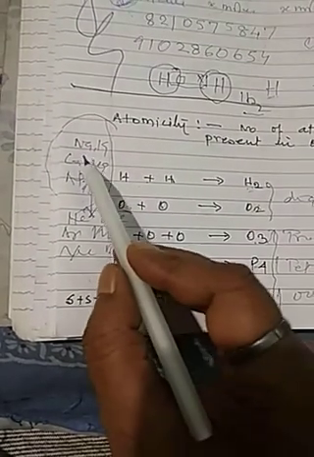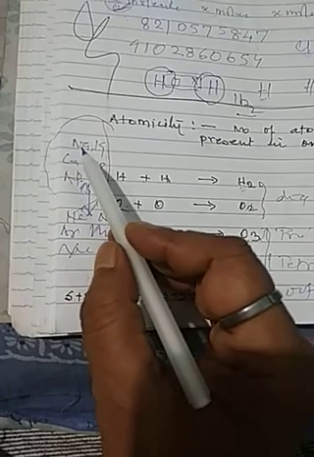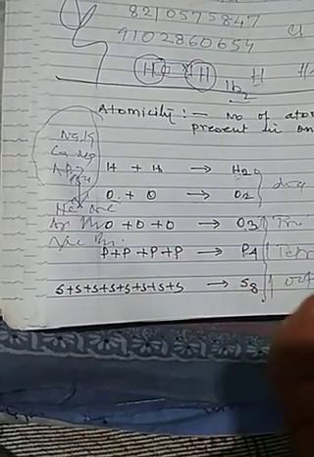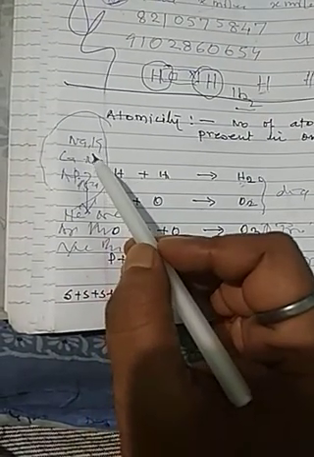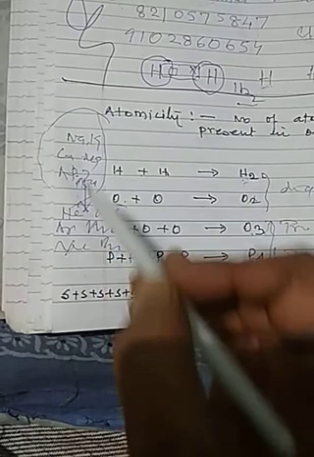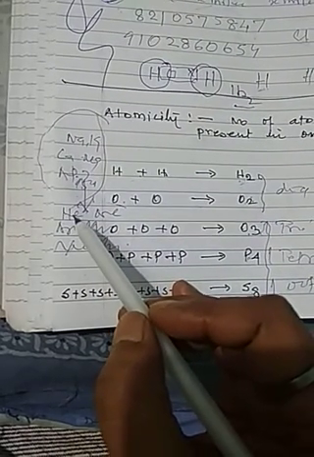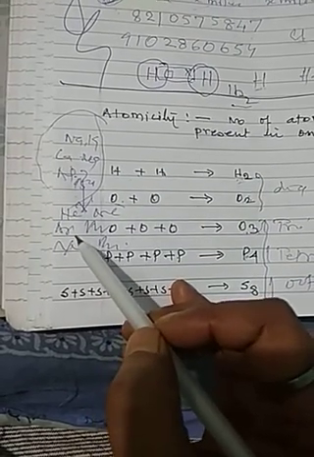Now, all the metals, like sodium, potassium, calcium, magnesium, aluminium, iron, zinc, lead, 1 molecule contains only 1 atom. Likewise, there are 6 inert gases: helium, neon, argon, krypton, xenon, and radon.